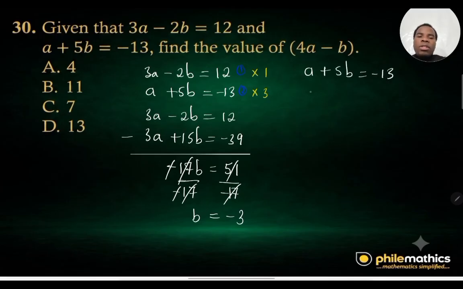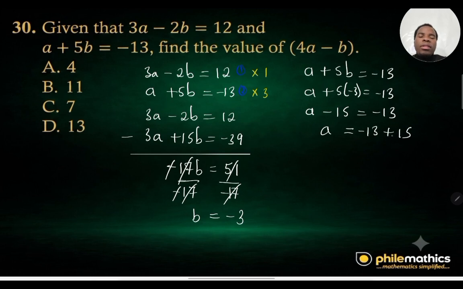We have gotten b as minus 3. a plus 5 times minus 3 equals minus 13. 5 times minus 3 is minus 15, so a minus 15 equals minus 13. So a, add 15 to both sides, we have minus 13 plus 15, which is the same as 15 minus 13, which is 2. So we have gotten a as 2 and b as minus 3.